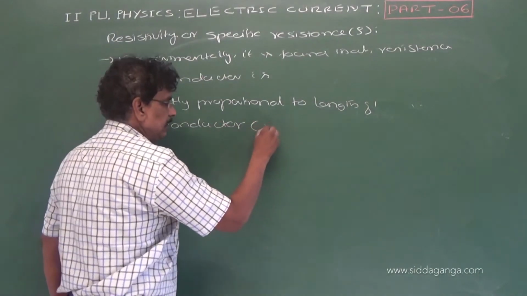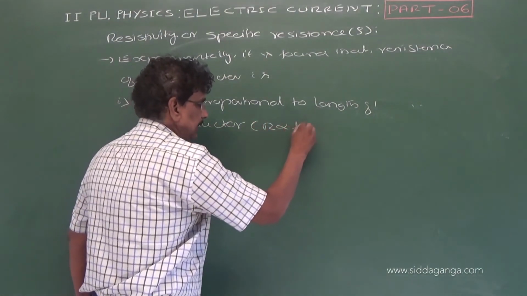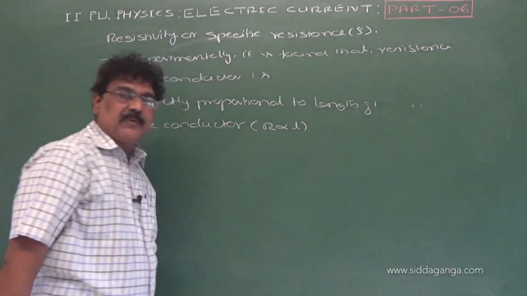That is, R is directly proportional to length.